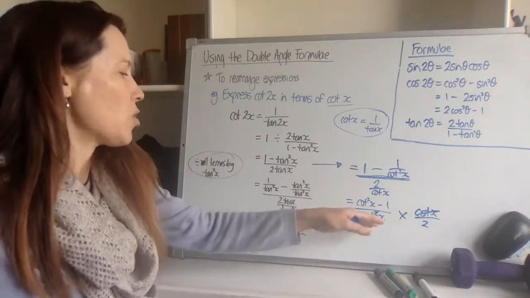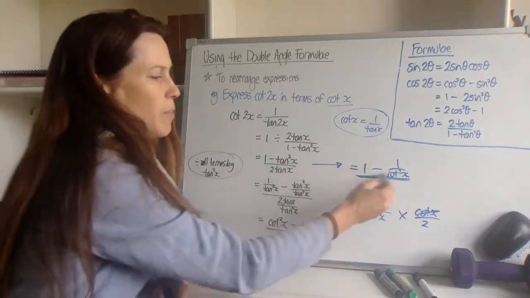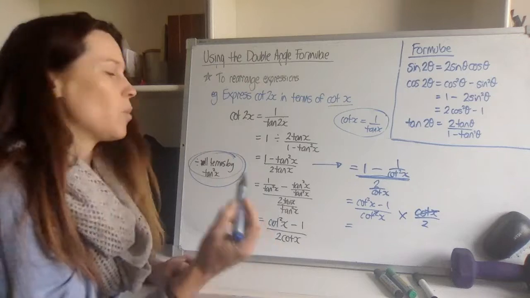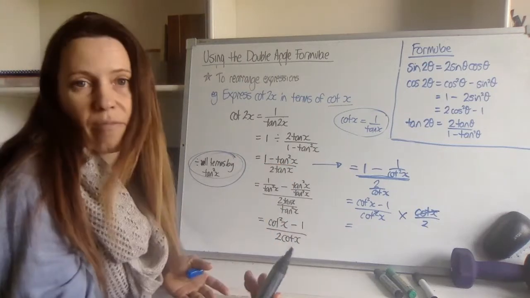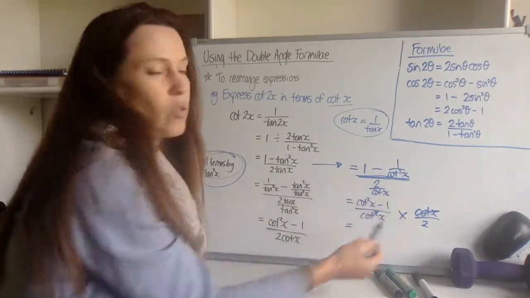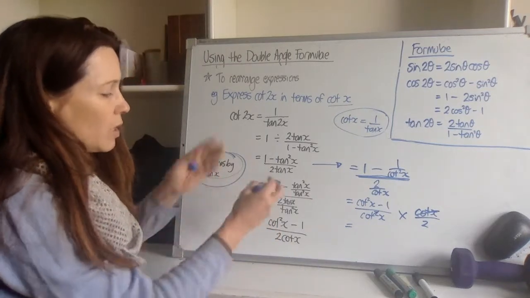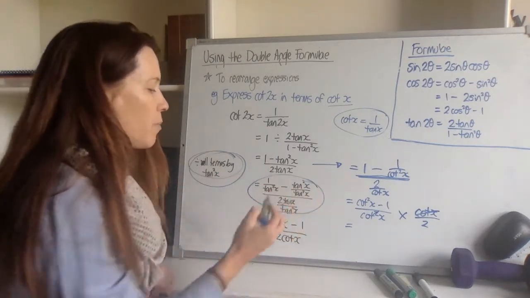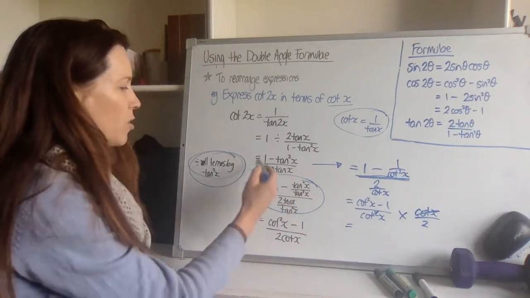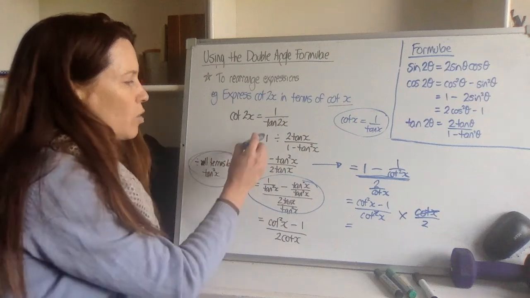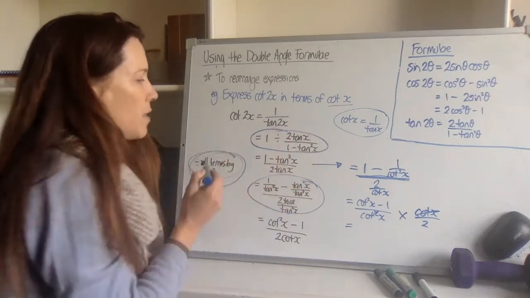So, slightly different strategy. This one might appeal to you more because we never really had to make a big decision about what to do. We just changed each term from tan to cot and then sorted it out. This one, we spotted something we could do, and then we did it. This line here is completely optional. You might do that in your head and go straight from this line to this line. Similarly, this line here, you could do in your head and leave this out.